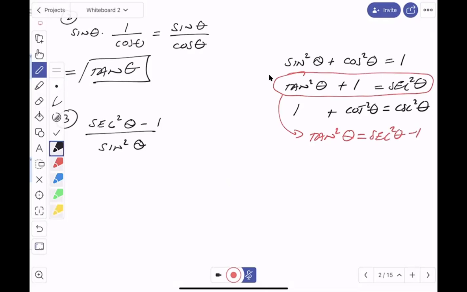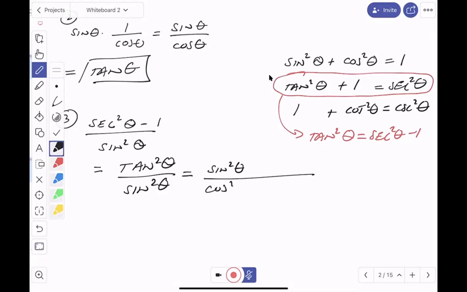So now I'm ready to simplify this guy. The top would be just tangent squared over sine squared. All right, my recommendation is to rewrite the tangent in terms of sines and cosines. So tangent squared would be sine squared over cosine squared. And the bottom is just simply sine squared.